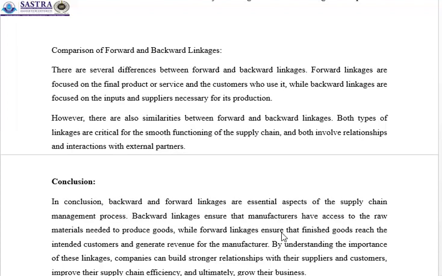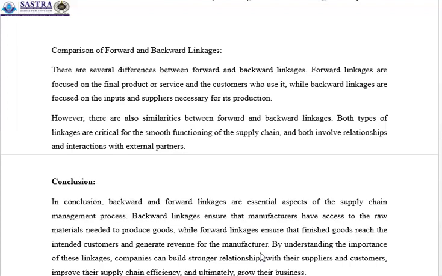In the first point, the forward linkages focus on the end user's product or the services rendered to the customers. Whereas the backward linkages talk about the raw material supply from suppliers, which leads to production, conversion of that raw material into finished goods. But those finished goods being distributed to the consumers for consumption is the forward linkage.